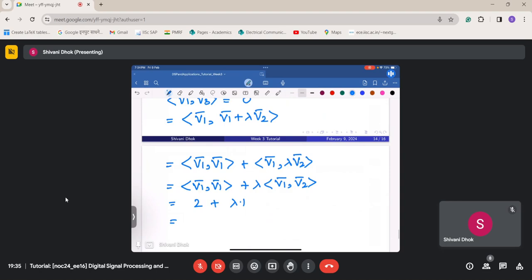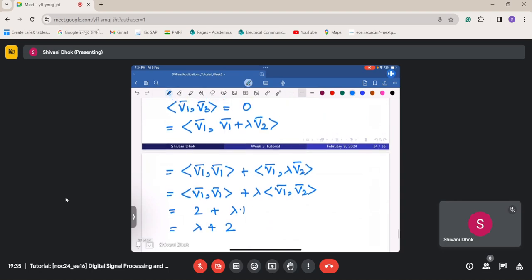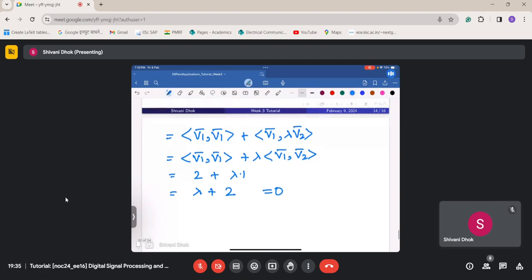So this is lambda plus 2. And what is this? This is basically the inner product between V1 bar and V3 bar, which is equal to 0. So this quantity here is equal to 0. Therefore lambda is equal to minus 2.